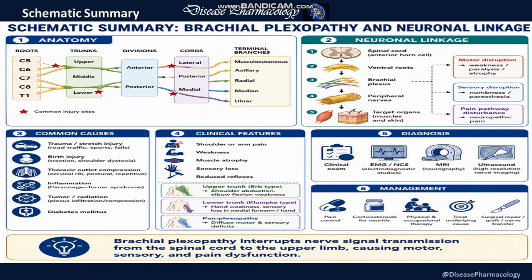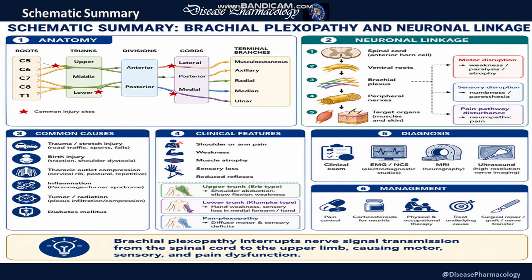Summary: that is a schematic summary for you. These are the anatomy, which roots are involved; neuronal linkage: spinal cord, ventral roots, brachial plexus, peripheral nerves, and target organs.